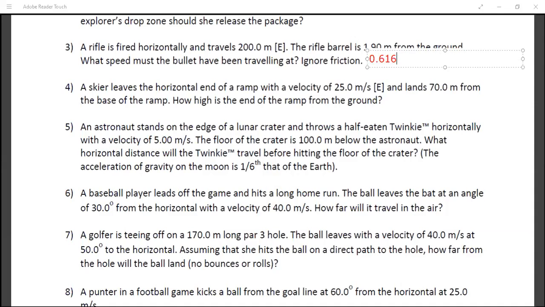So 0.616 seconds was the time, and the speed u you got as 324.67. Okay, chalo, thank you.